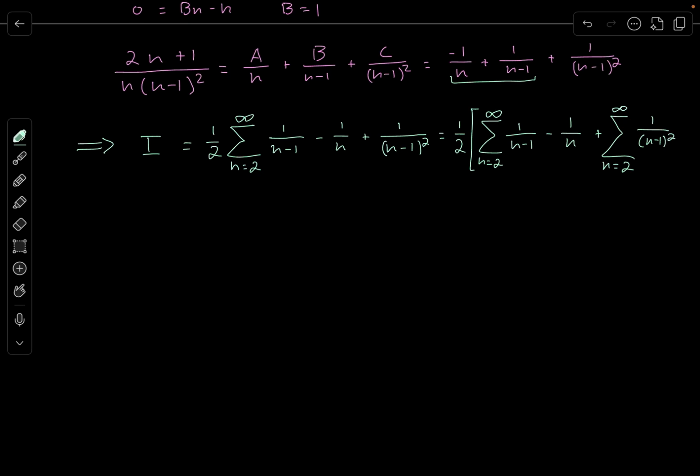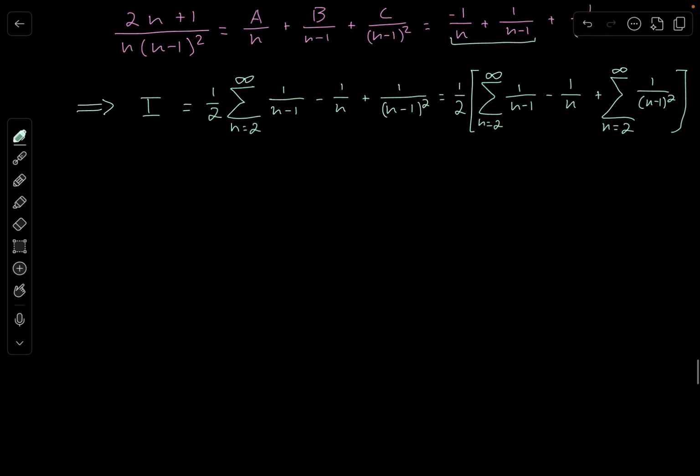Okay. So we'll take a look at this first sum and call this I sub 1, and the second one will be I sub 2. So now we have I is equal to 1/2 times I sub 1 plus I sub 2.